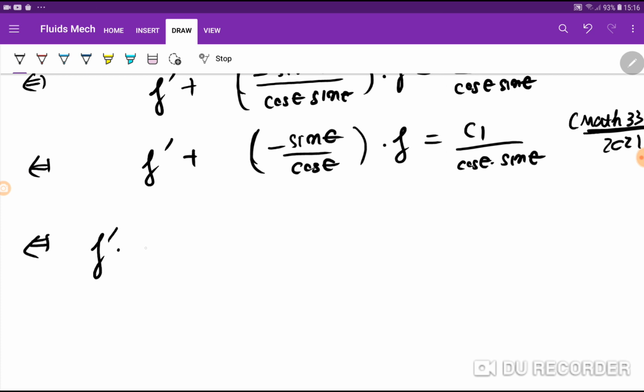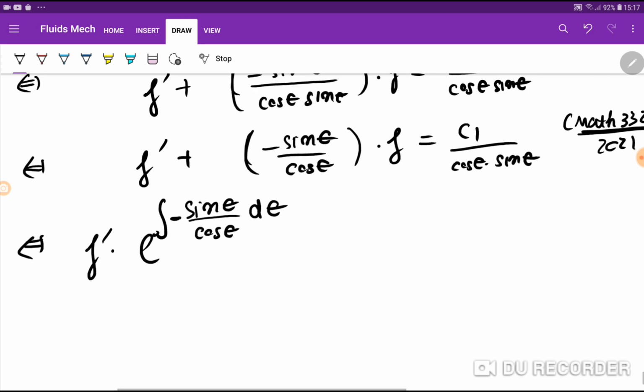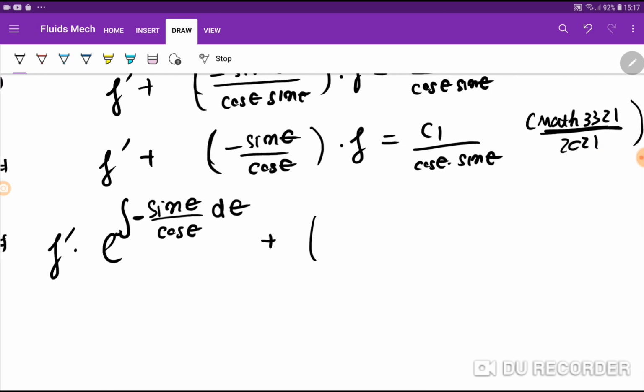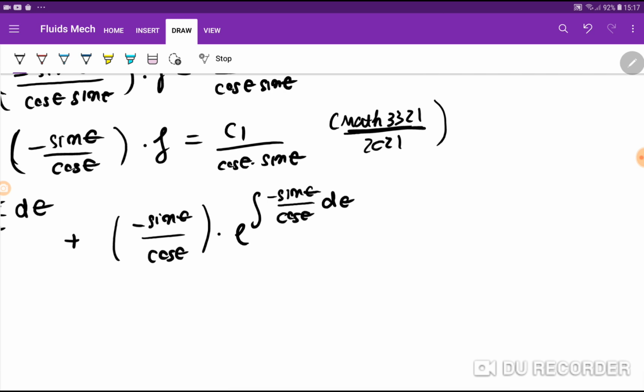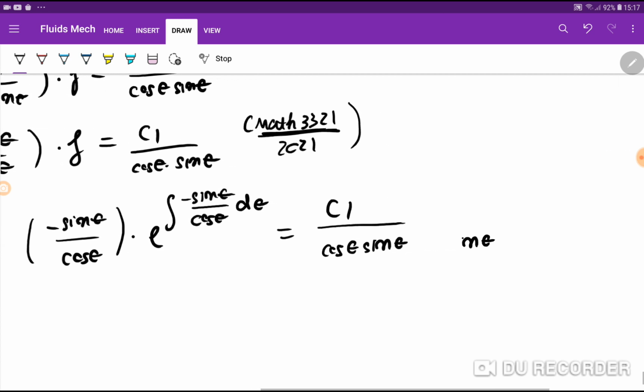So f prime times e to the power, I'm going to multiply this side, of the integral d theta. Sorry, kind of convoluted. Okay, now it makes more sense. Plus negative sine theta over cos theta times f equals C1 over cos theta sin theta times e to the negative of this.